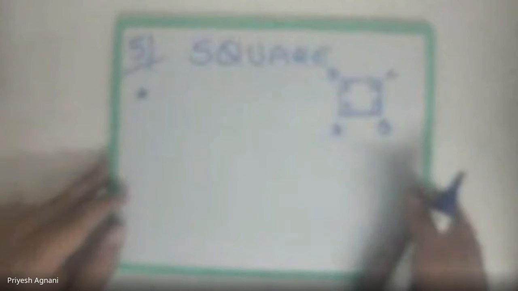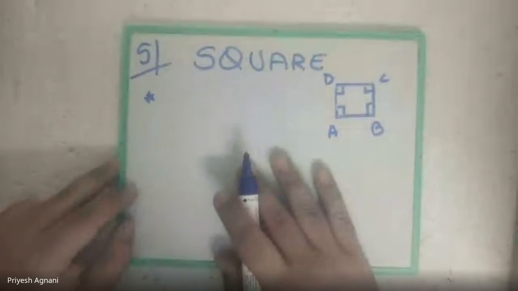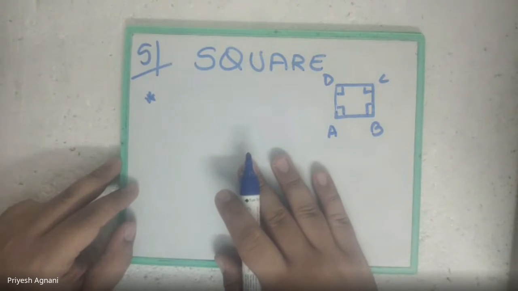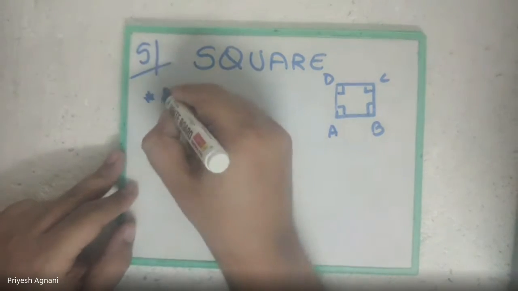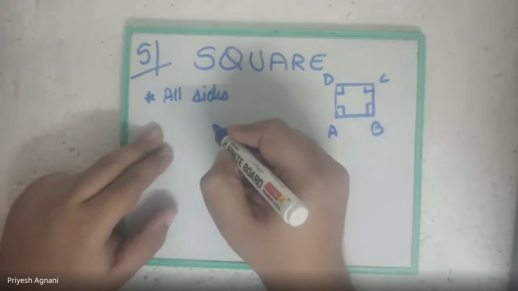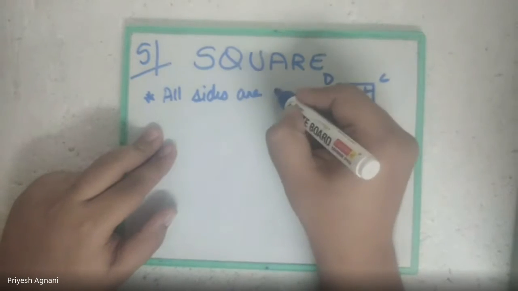These are the properties of the square. इसमें हम लोग प्रॉपर्टीज लिखेंगे that all sides are equal.